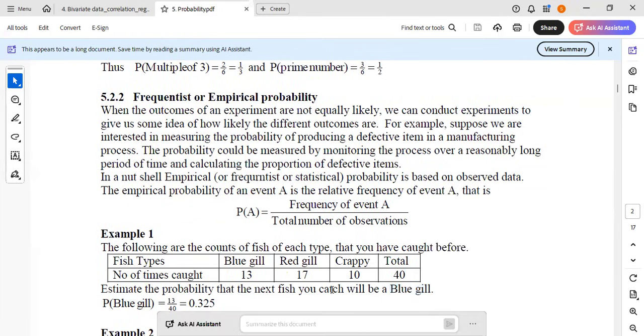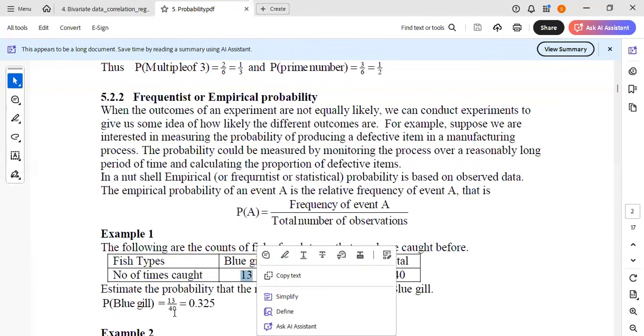And so what we normally do is add all those numbers for the fish. So we get 40. And then to get a blue gill, it will be the number that you've gotten over time divided by the total.